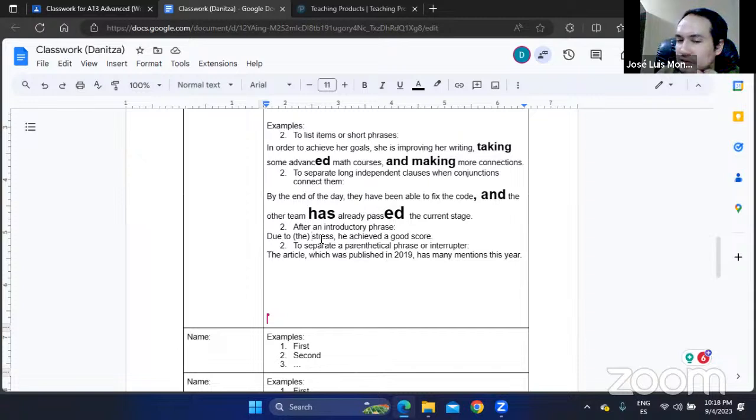One color just for the introductory phrase, and the article, which was published in 2019, has many mentions this year. Now, it can be has many mentions, or if you're talking about something that started in the past and continues in the present, you can use the present perfect.